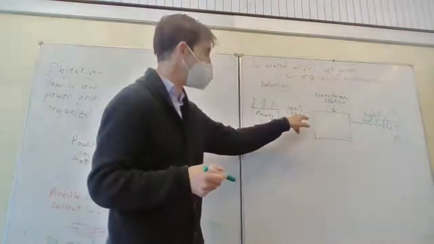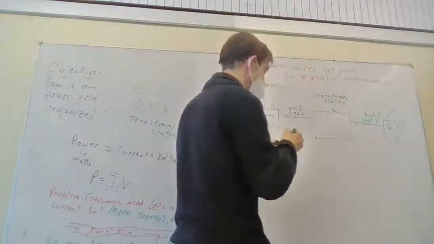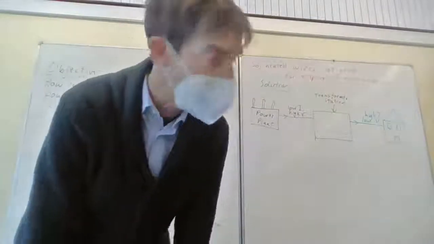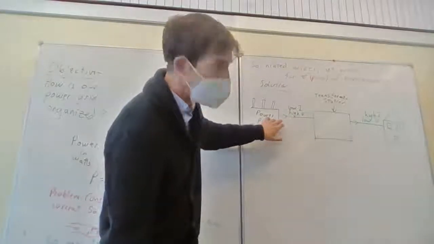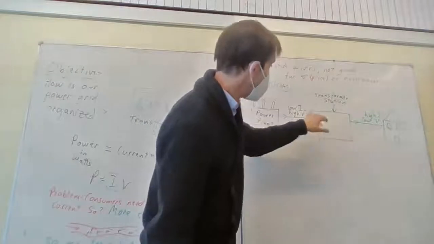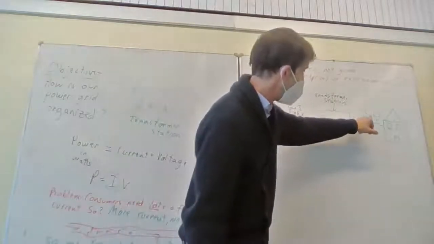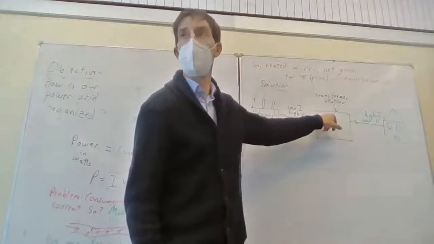So this line going towards you, I'm going to put some arrows. What kind of transformer? Folks at home can answer this as well. So I'm going from the power plant. The power company makes a high voltage and low current. You need a high current, so low voltage. So I need a transformer here to do the job.